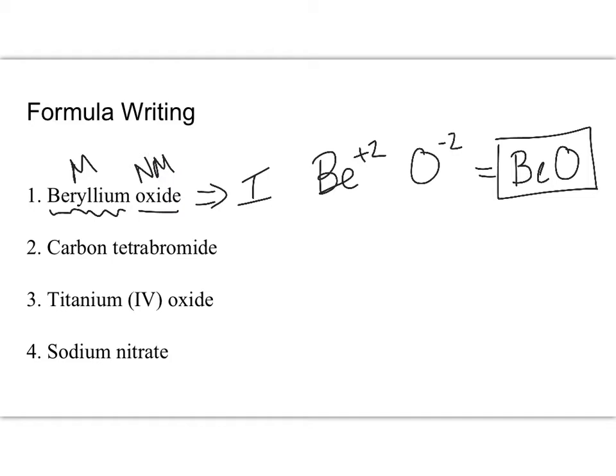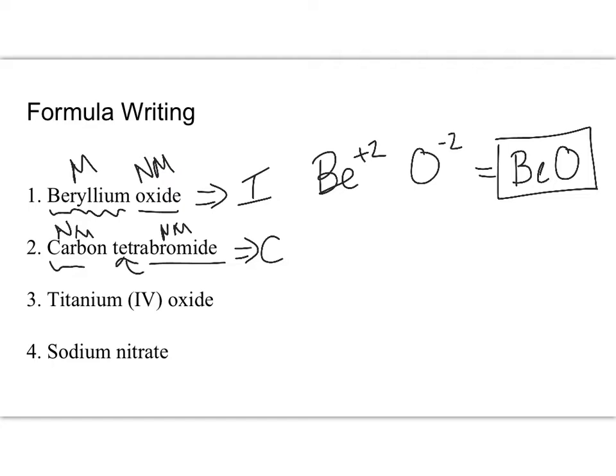Looking at number 2, I have carbon tetrabromide. A couple of clues here. Carbon is a nonmetal, bromine is a nonmetal. So I have only nonmetals, which means this is a covalent compound. My other clue is that I have a prefix here of tetra.